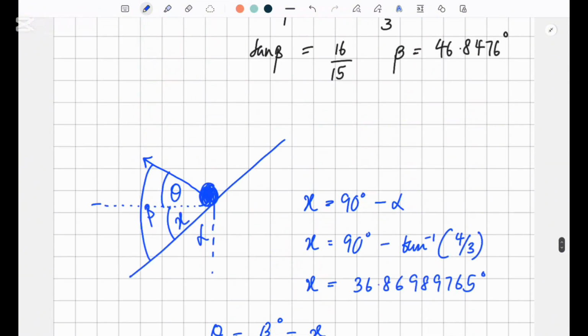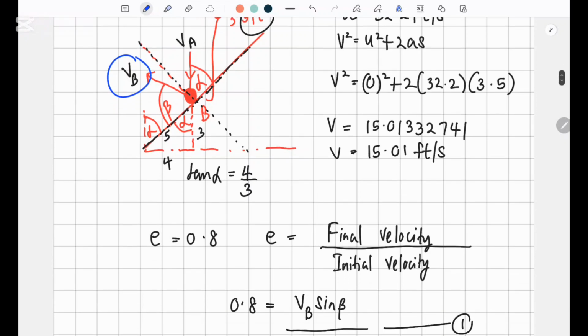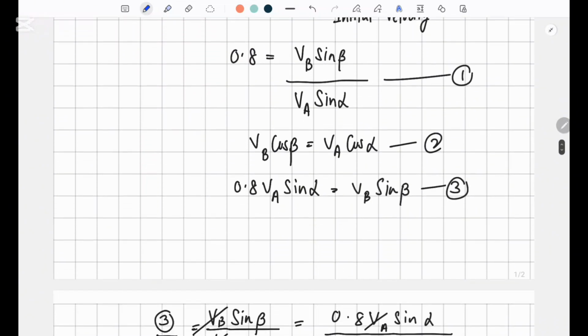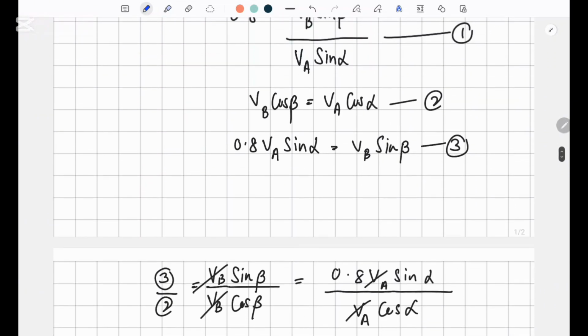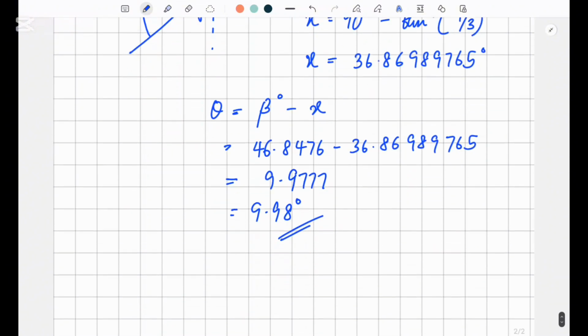Now let's find the velocity, VB. You can use the second equation: VB cos beta equals VA cos alpha.